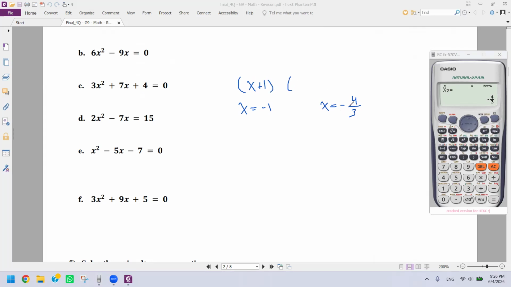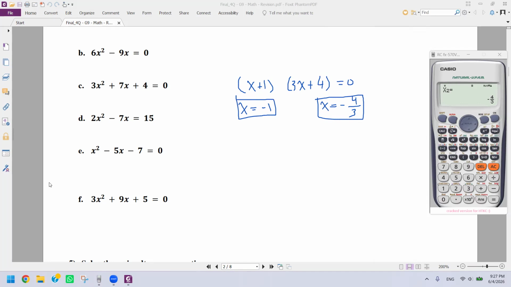Here, I cannot write a fraction in the factorization, so I have to multiply by something to remove that fraction. So it should be multiplied by 3. When I multiply by 3, the x here won't be x, it will be 3x. The minus I will make it plus, and that 4 over 3, if I multiply by 3, it will be 4. Equals 0. Then either x plus 1 equals 0, so this is the answer, or 3x plus 4 equals 0, so this is the second answer.